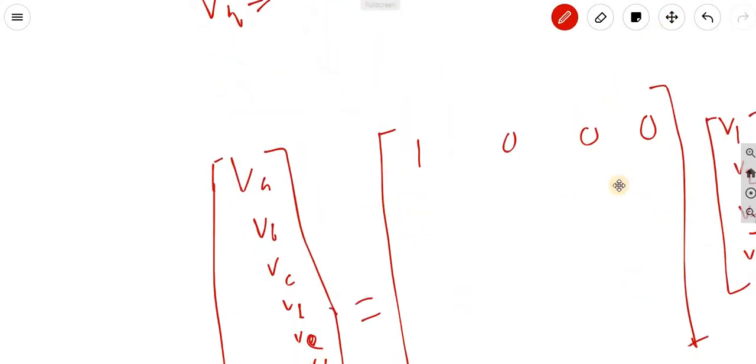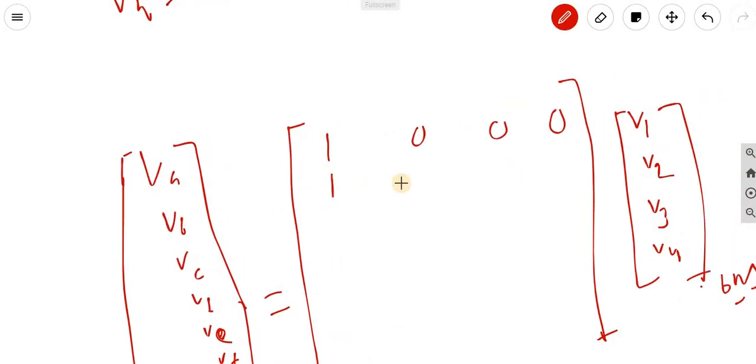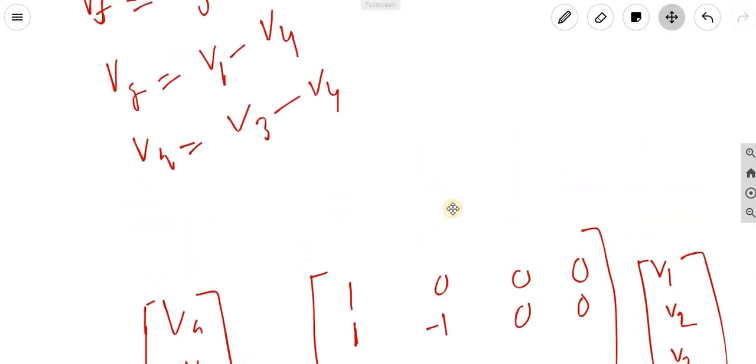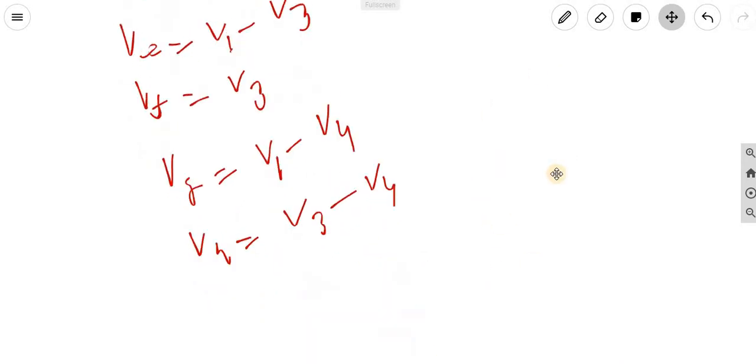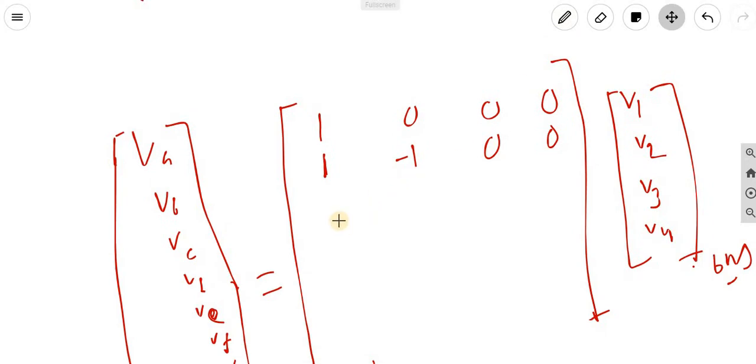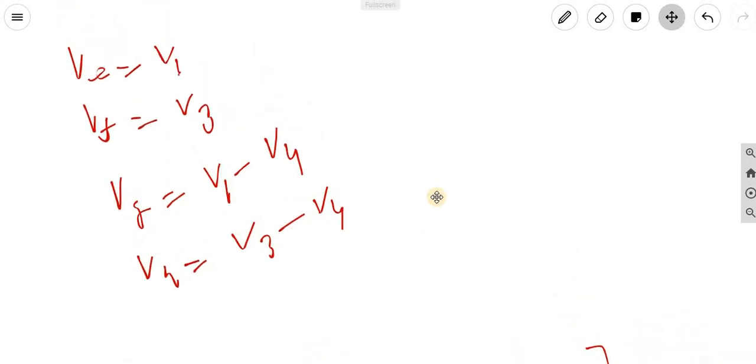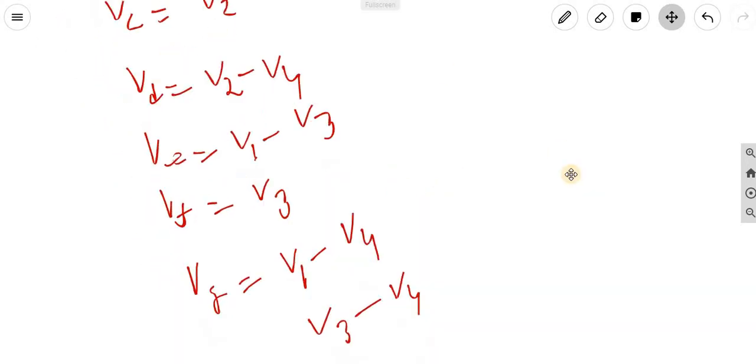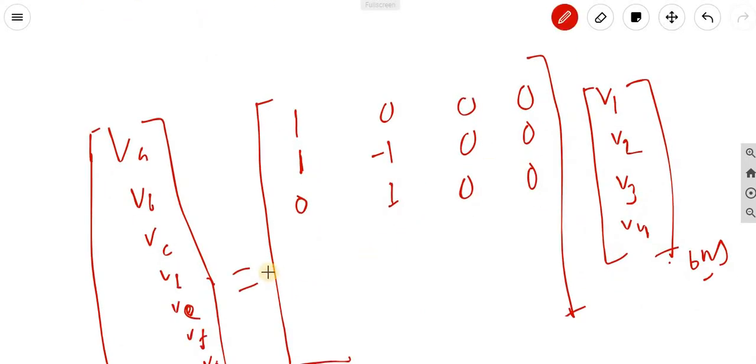For VC, what we could get, the V2 only. For VD, what we could get, V2 and V4.